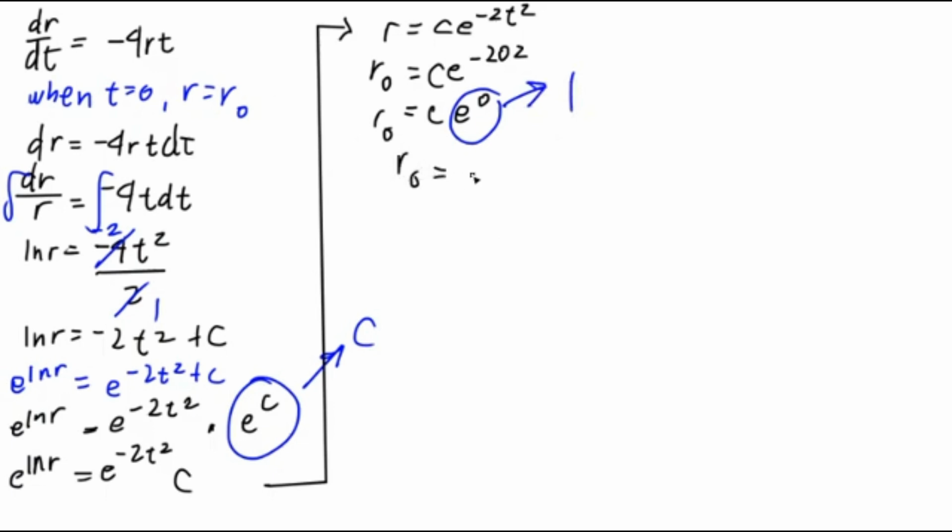So, ro is equal to c. Palitan natin lahat ng c dito as ro. So, magiging siyang r is equal to ro e raised to negative 2t squared. So, yan na yung final answer natin.